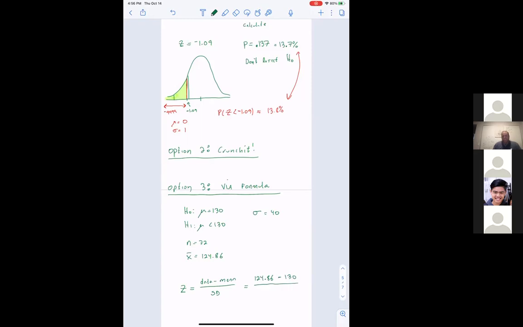What is the standard deviation? Spoiler alert, it's not 40. Certainly not 1. This is not z. Negative 1.09 was something we calculated, so we can't use that because that was what we got from a different approach.